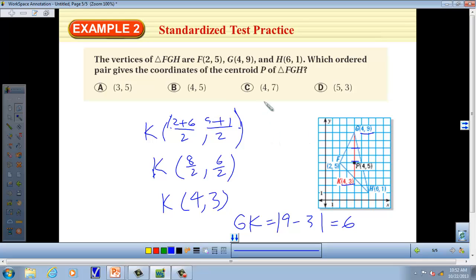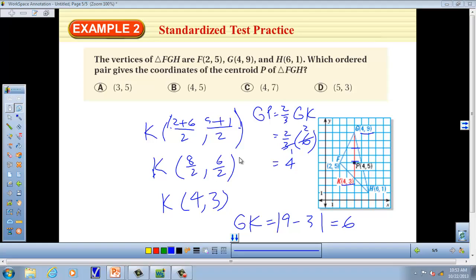So if we want the distance from here to the centroid, for P we'd say GP is equal to 2/3 of the whole length, which is GK. So GP is equal to 2/3 of 6, and if we simplify here and here, we get a 1 and a 2. That means the distance from G to P is 4. So we would go down 1, 2, 3, 4, and that would give us (4, 5).